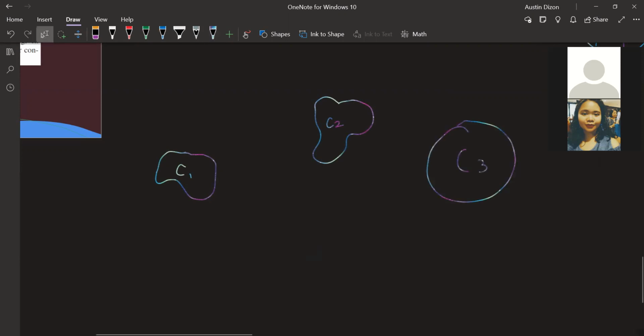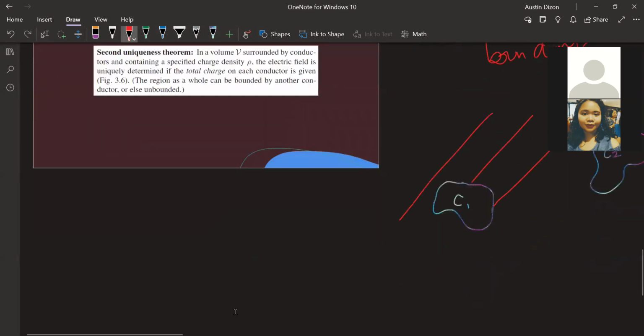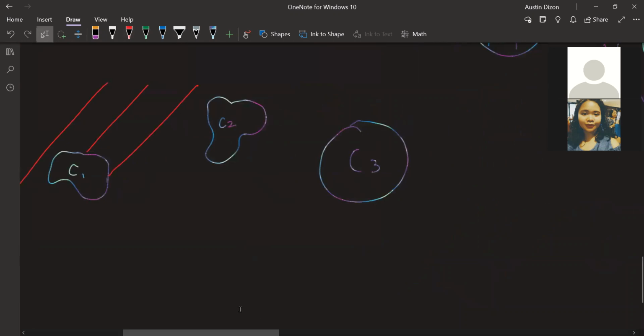Okay. There. Okay. And then it's all living in a space that is covered with a charge density rho. Oops, wrong color. It should be red. So it's all living in a space that has a charge density rho.